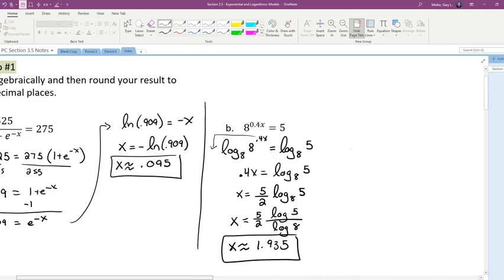Alternatively, I could have just from the beginning taken log base 10 or log of both sides instead of log base 8, which would have given me log of 8 to the 0.4x equals log of 5. The 0.4x comes down, and then divide by log of 8.